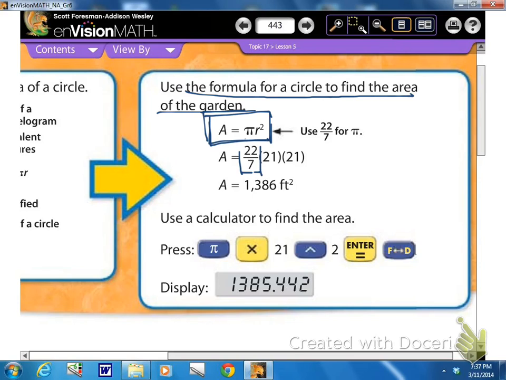You can use 3.14, and they multiply that times 21, and again times 21. Now remember, we're using feet here, so this is 21 feet times 21 feet, so we end up with feet squared. Once you punch it in your calculator, you would get an area of 1,386 feet squared.